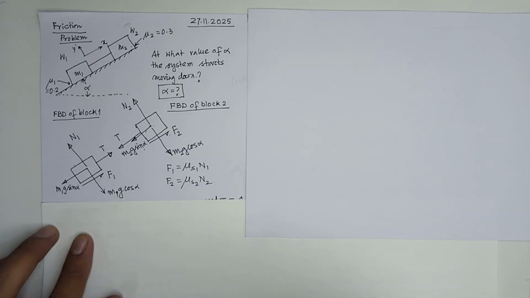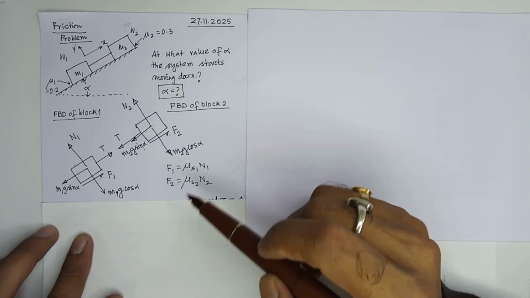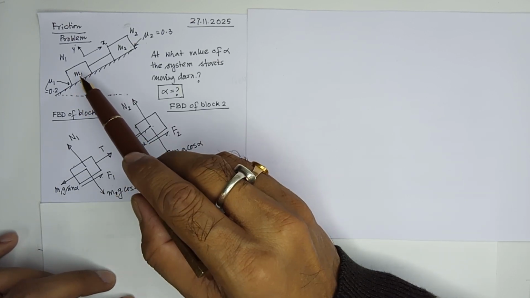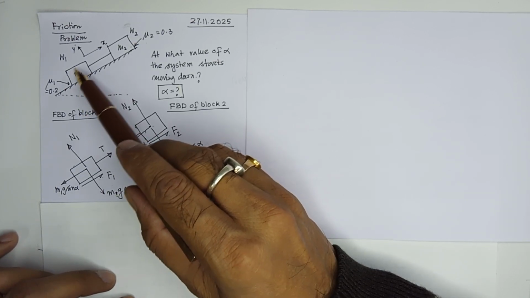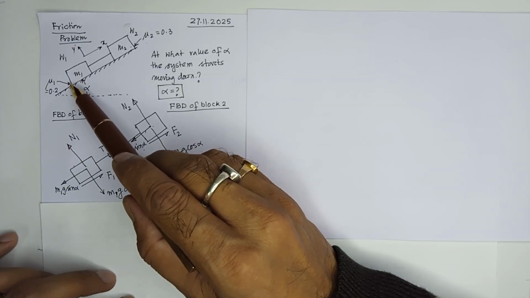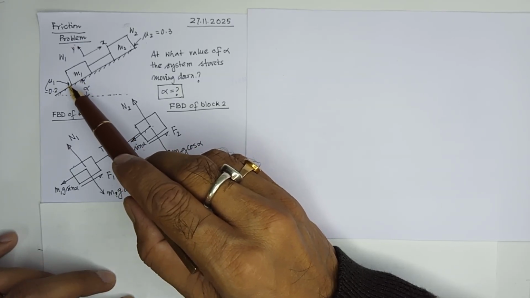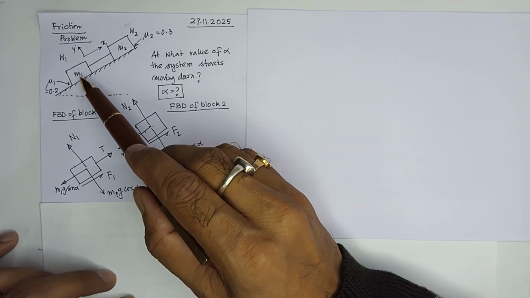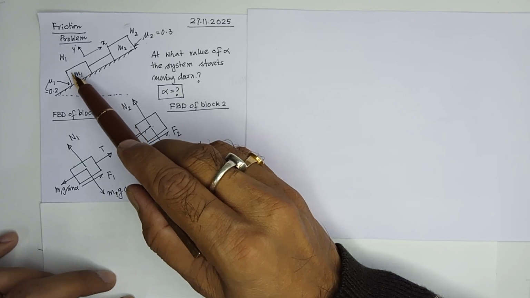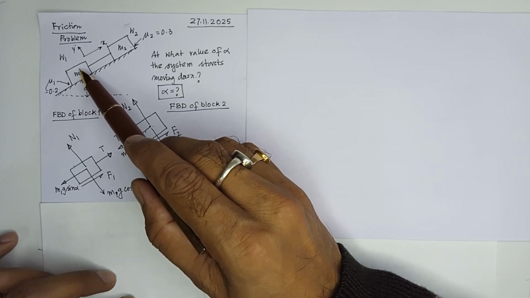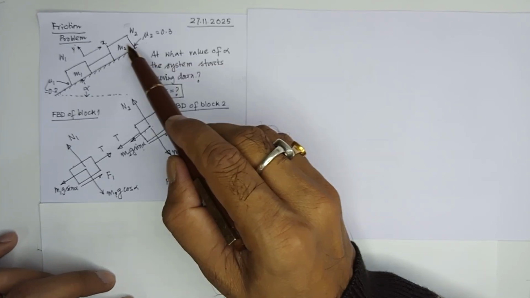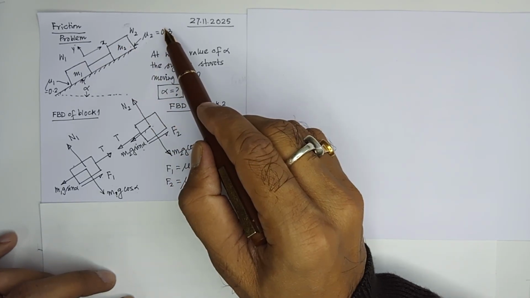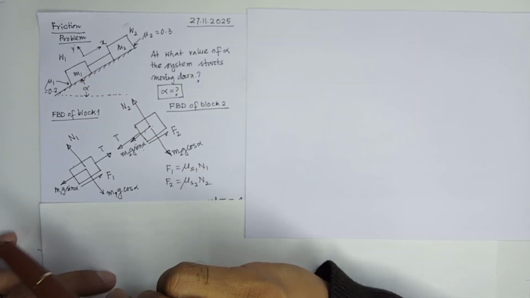Okay, next, one thing that we have to understand is that as the block starts sliding, since this has less coefficient of friction, it will have more coefficient of friction. Therefore, if this block reaches the angle of repose, since this will not reach the angle of repose because coefficient of friction is more, therefore it cannot slide.